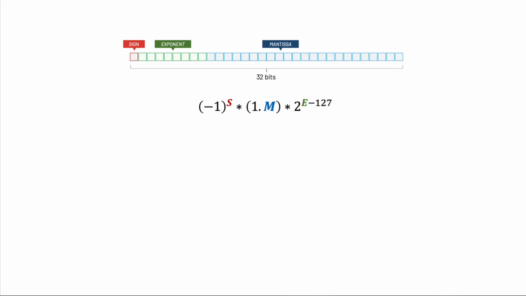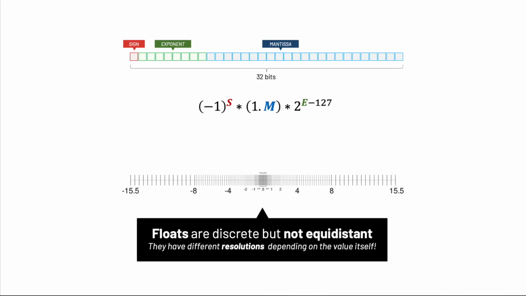So we do have this standard that uses this fancy way. But the reason why we cannot answer this question, what is the smallest possible offset that I can push that number, is because floating point numbers, they are discrete, but they are not equidistant between each other, right? I don't know what is this distance. This distance between one floating point number to the next is not constant. They are not equidistant, so I cannot answer this question easily.